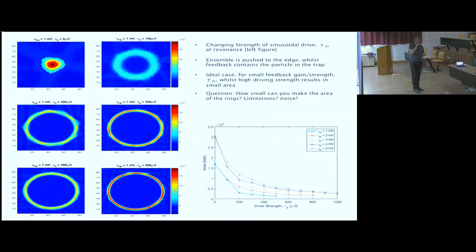You cannot see it from the units, but what you reach here is temperatures comparable to what we also had in the usual feedback cooling of the thermal state.